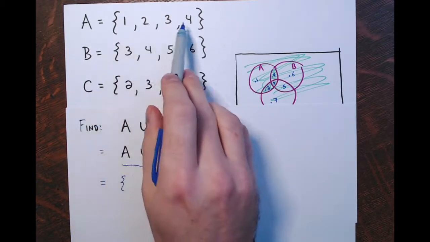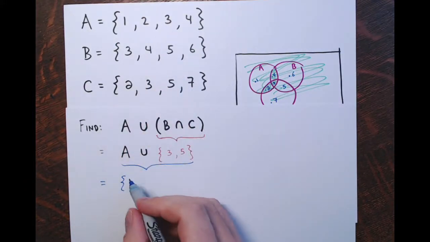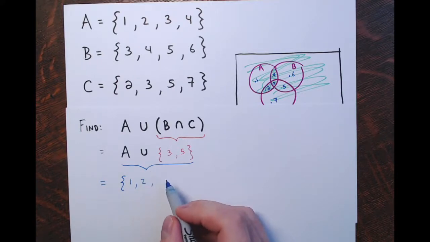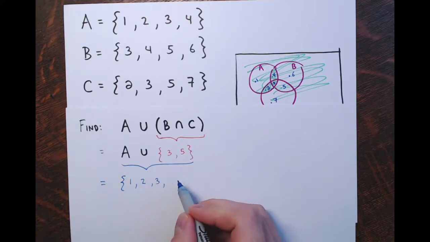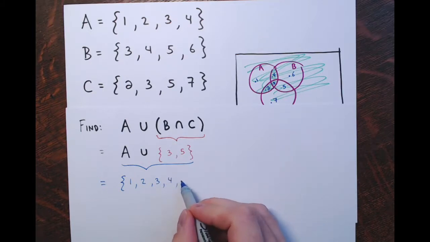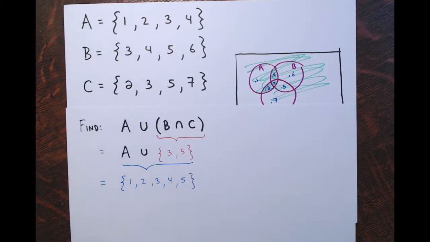So 1, 2, 3, 4, 3 again, but I don't need to write 3 again, and 5. So 1 is in it because it's in A, 2 is in it because it's in A, 3 is in the union because it's in both, 4 is in the union because it's in A, and 5 is in the union because it's in B intersect C. So 1, 2, 3, 4, 5. All right. And that's it, I'm done.